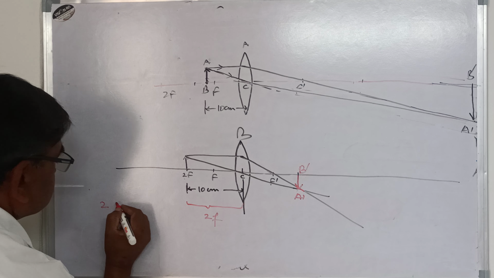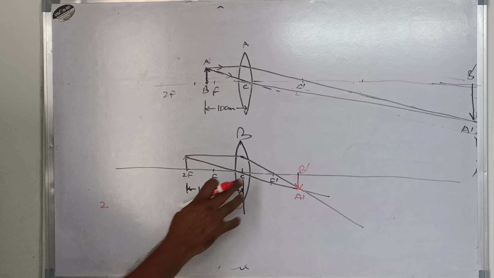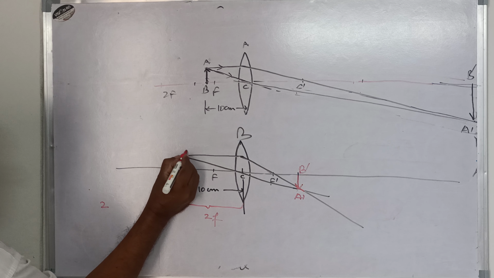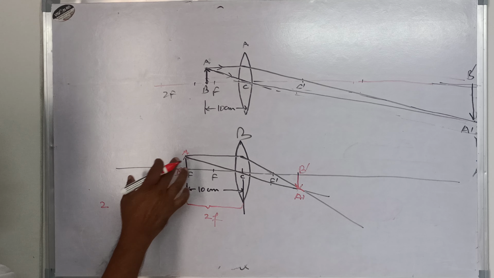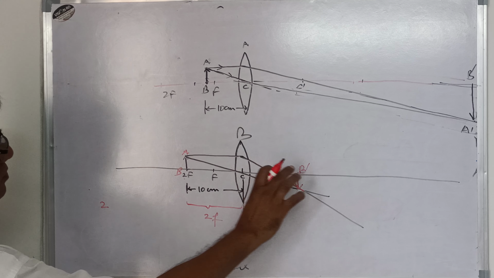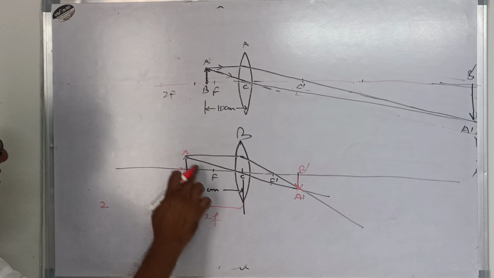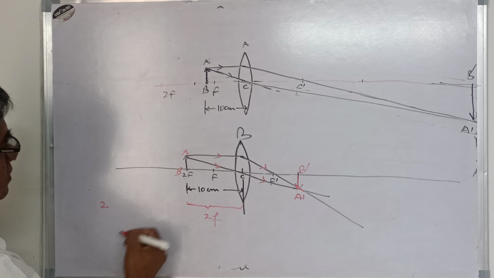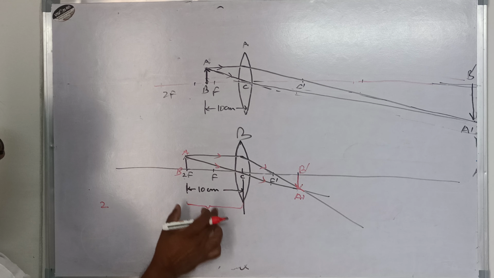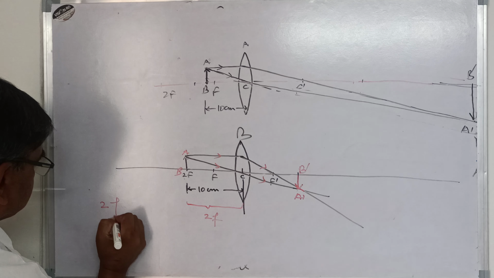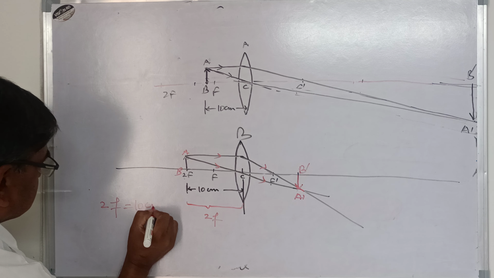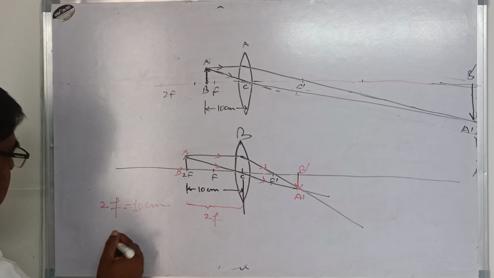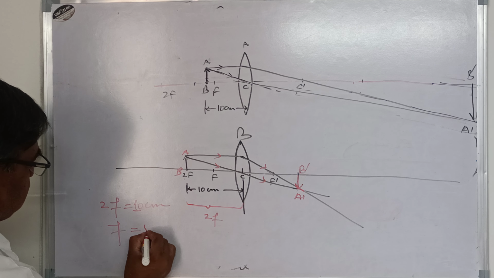In this situation, when the image is real, inverted and same size that of AB, दोनों ऑब्जेक्ट और इसका सेम साइज है, रियल है, इन्वर्टेड है, तो दिस विल बी अ सिचुएशन. So in this situation, this distance 10 centimeter is equal to 2F. So 2F is equal to 10 centimeter. Because he says the object is put at 10 centimeter in front of the lens, so F is equal to 5 centimeter.